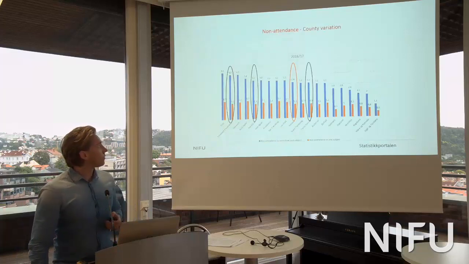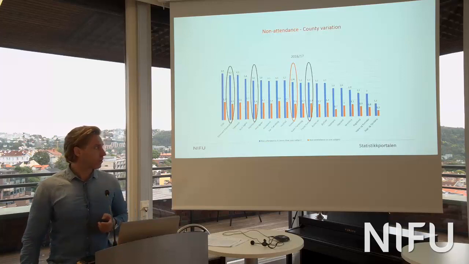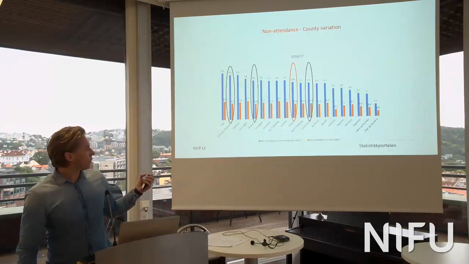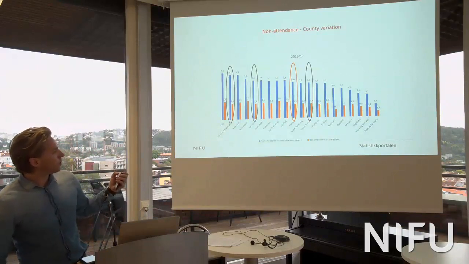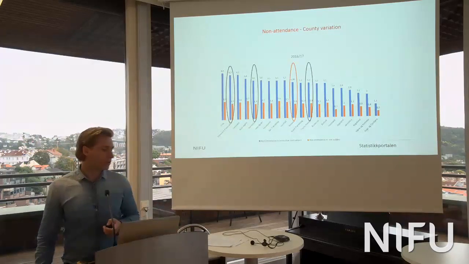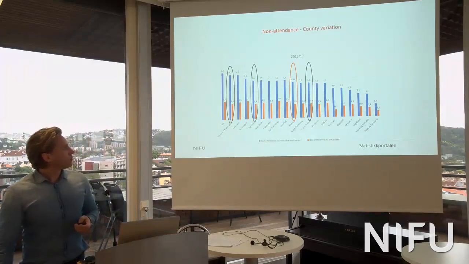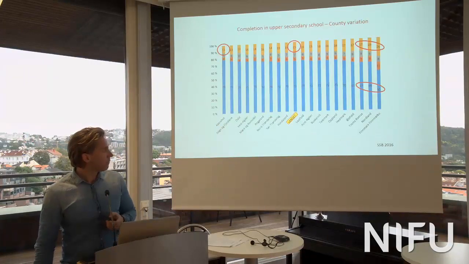We talked a bit about the non-attendance variation in the counties. As you see, some counties have above national average non-attendance, but one of the counties has below the national average. So you have a variation in the counties itself.